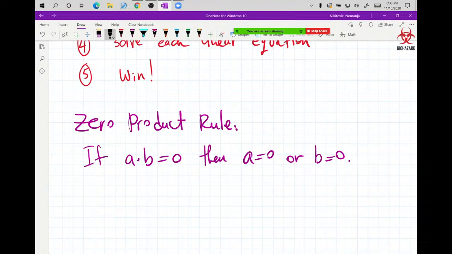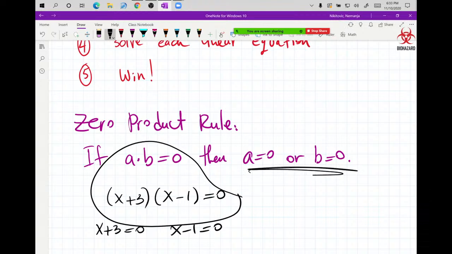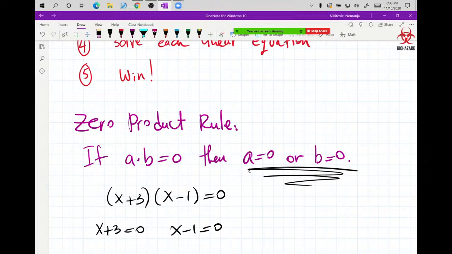So if I have x plus 3 times, let's say, x minus 1 equal to 0, by zero product rule, I can set each one of these to 0. Because if you compare this, your A is the first parenthesis, your B is the second parenthesis, and you just write these ones out on the bottom. So that's how we actually solve these things. We factor, and then we take each factor and we set it equal to 0, because the zero product rule says that that's exactly what we are supposed to do.